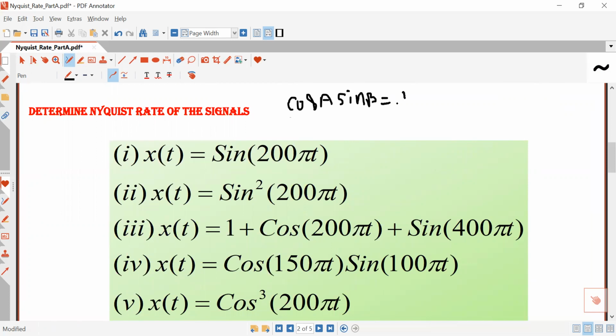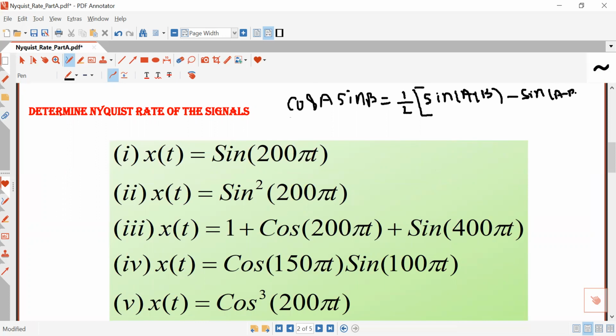is equal to half of sin(A plus B) minus sin(A minus B).